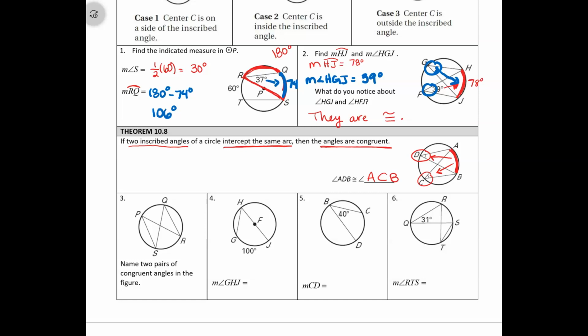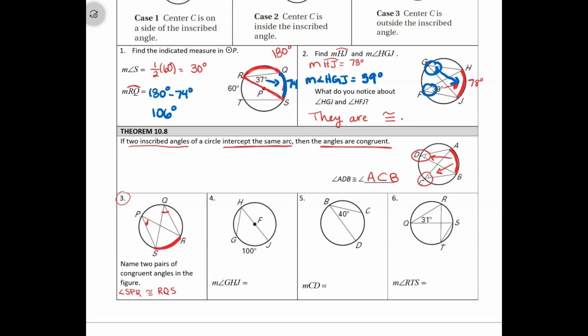Now let's look at the last examples here on the front page. This is going to be using theorem 10.7 and 10.8. Question 3. Name two pairs of congruent angles in the figure. The first thing I'm going to look at is this angle and this angle, because they are intercepting arc SR. So we can say that angle SPR is congruent to angle RQS.